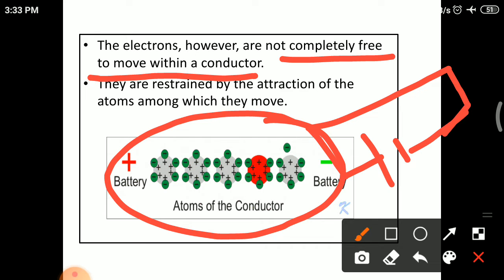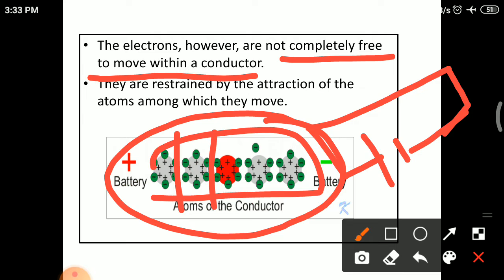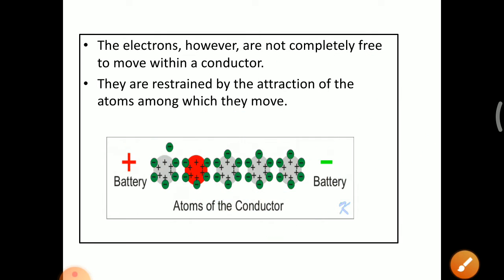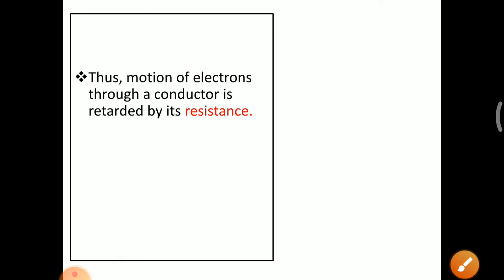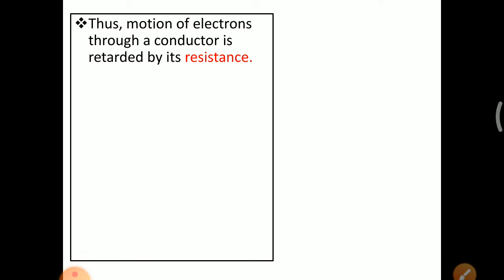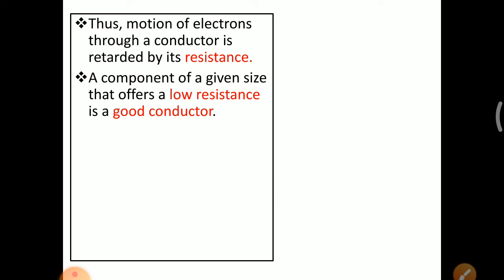They are restrained by the attraction of atoms among which they move. So, motion of electrons through a conductor is retarded by its resistance. If the resistance is more, the motion of electrons through a conductor is less.